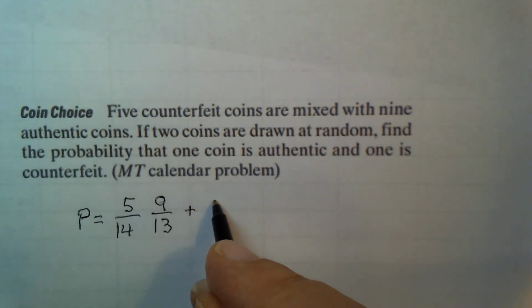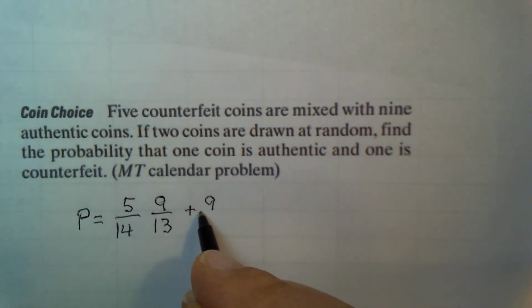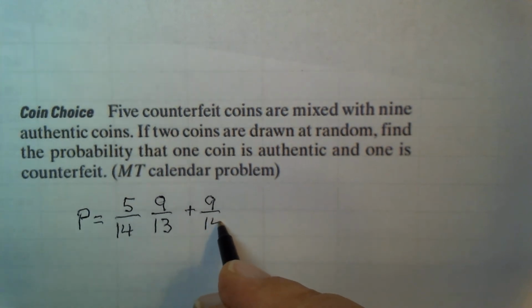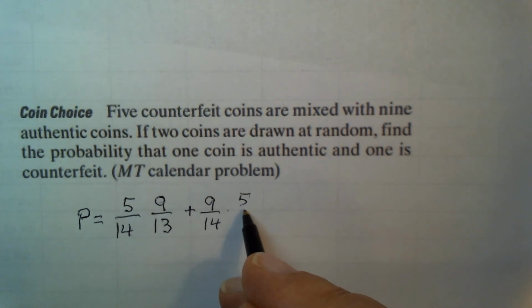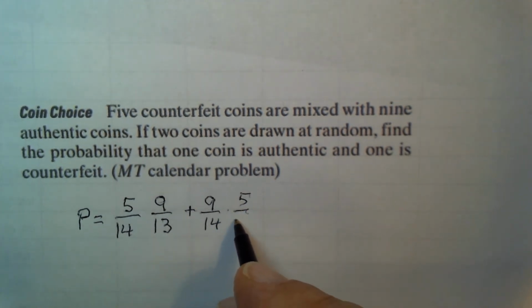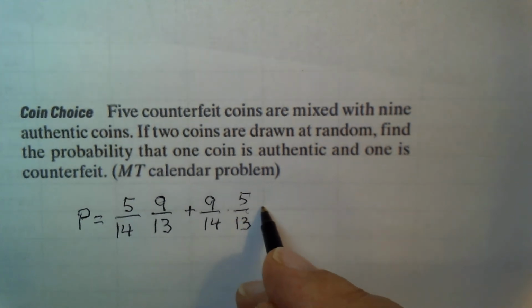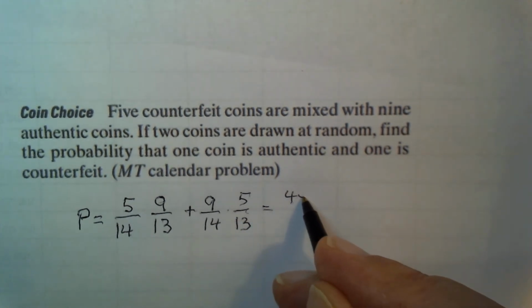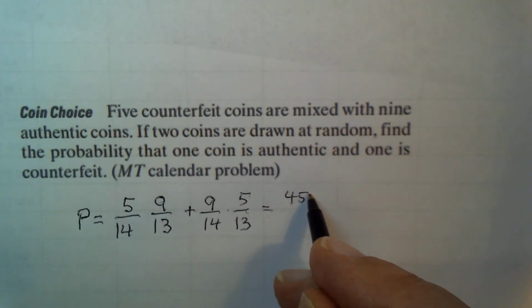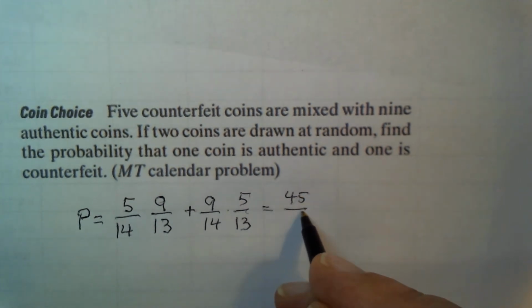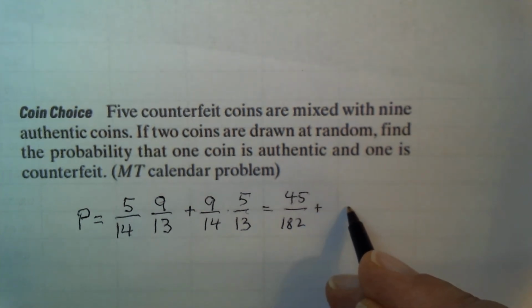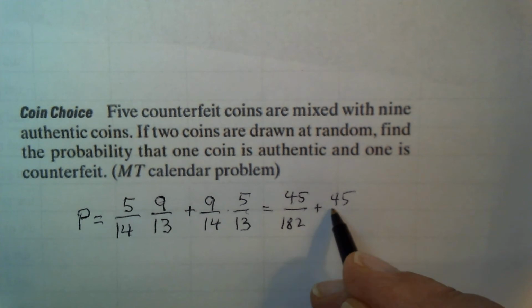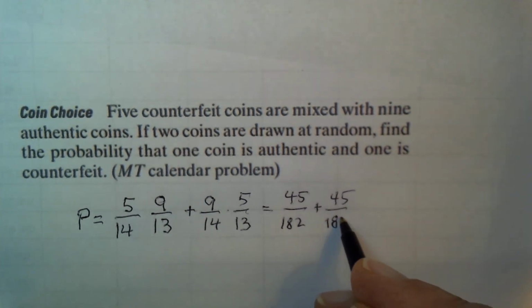We could start out with 9 authentic out of 14, followed by 5 counterfeit out of now 13. So it would be 45 divided by 182 plus 45 divided by 182.